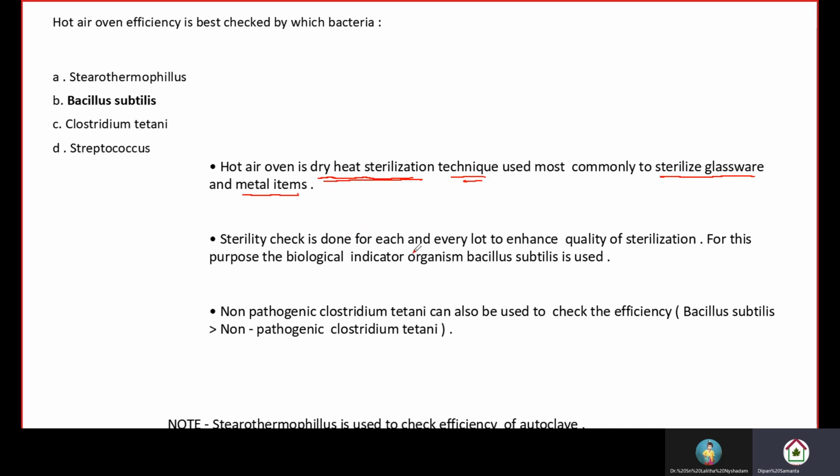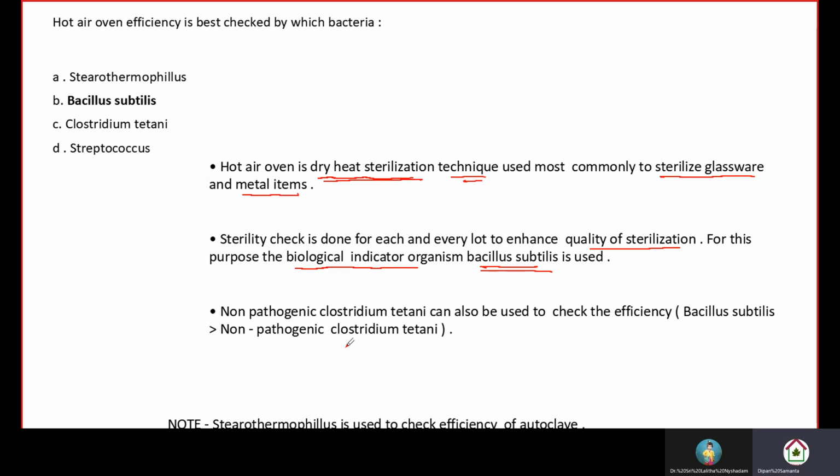A sterility check is done for each and every lot to enhance the quality of sterilization. For this purpose, the biological indicator organism is Bacillus subtilis. It gives the efficiency of the sterility or quality of sterilization of the hot air oven.